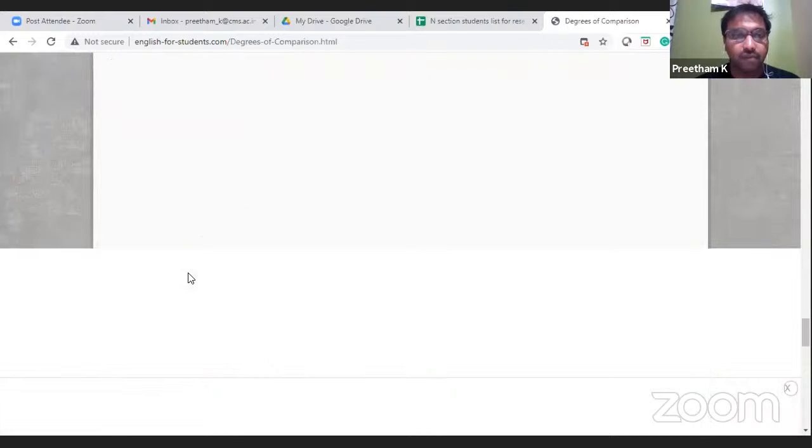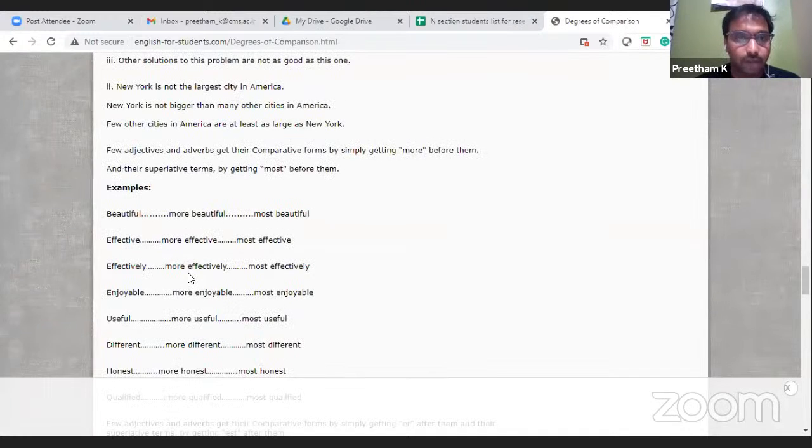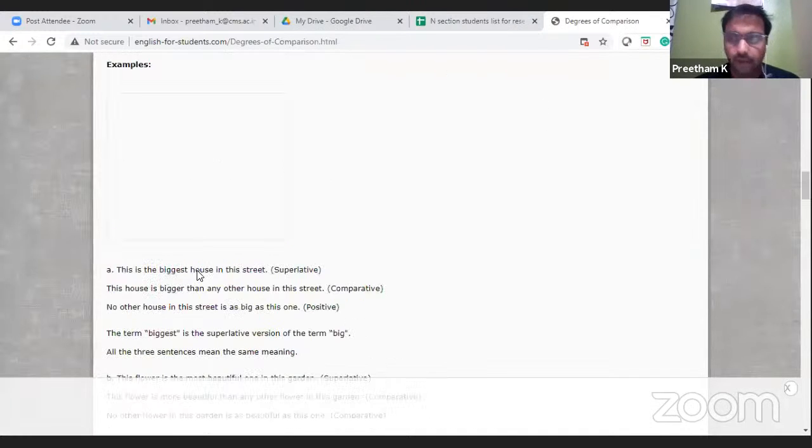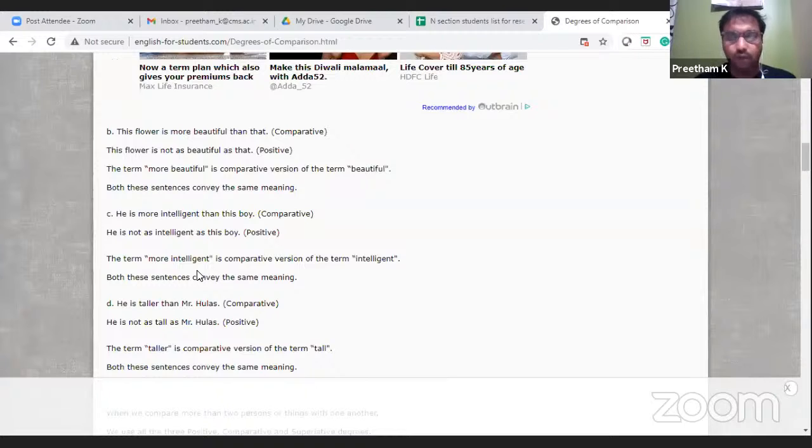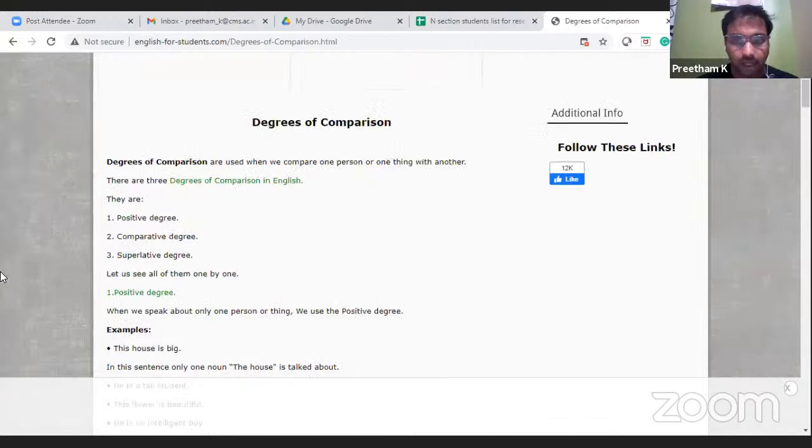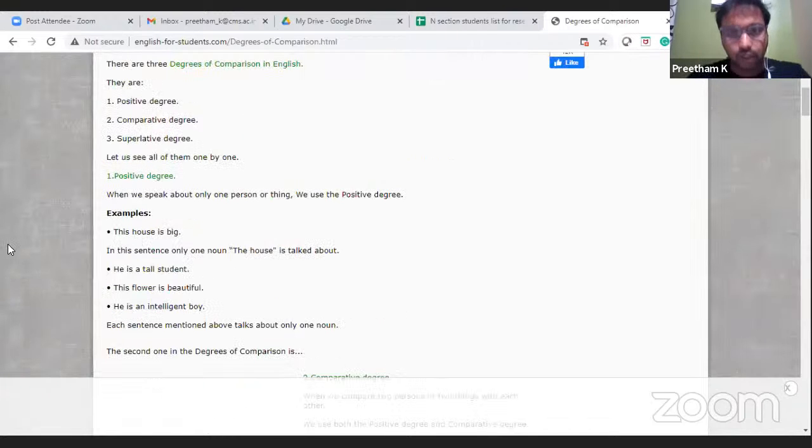So the main function of the degrees of comparison is they compare one noun with that of other nouns. Either it is in independent form, individual form, or in comparison with two, or in comparison with more than two. So the basic rule that you should understand in degrees of comparison is the grammatical pattern that you use.